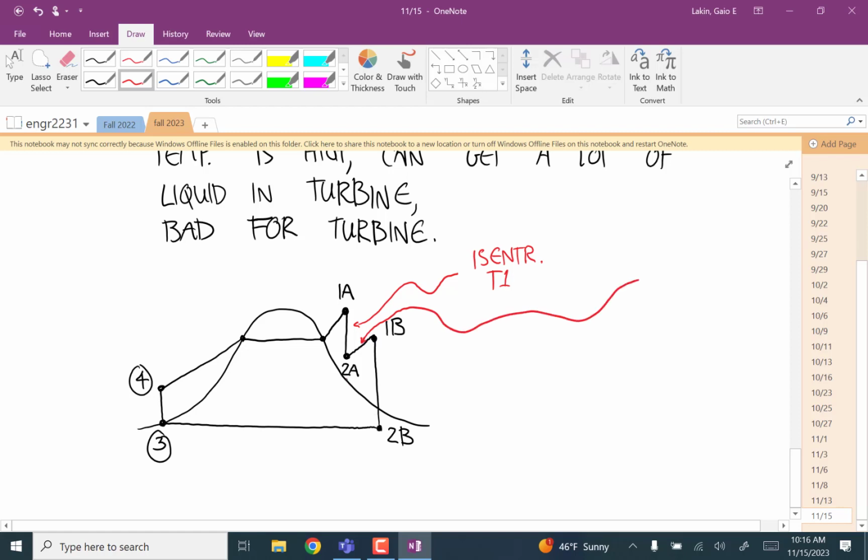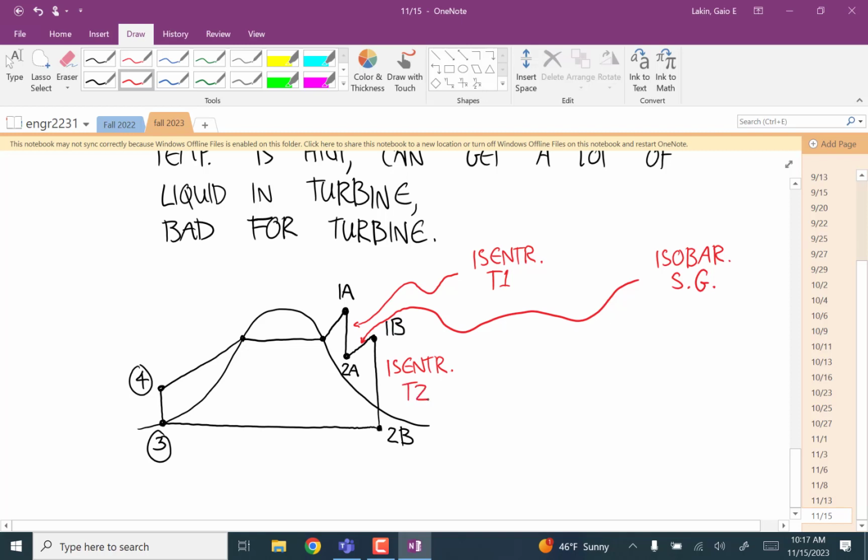Then from 2A to 1B is an isobaric steam generator. Then from 1B to 2B, another isentropic turbine.